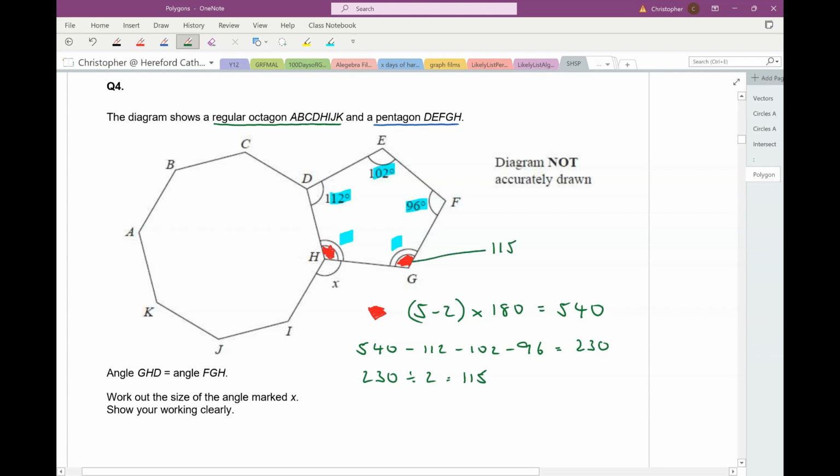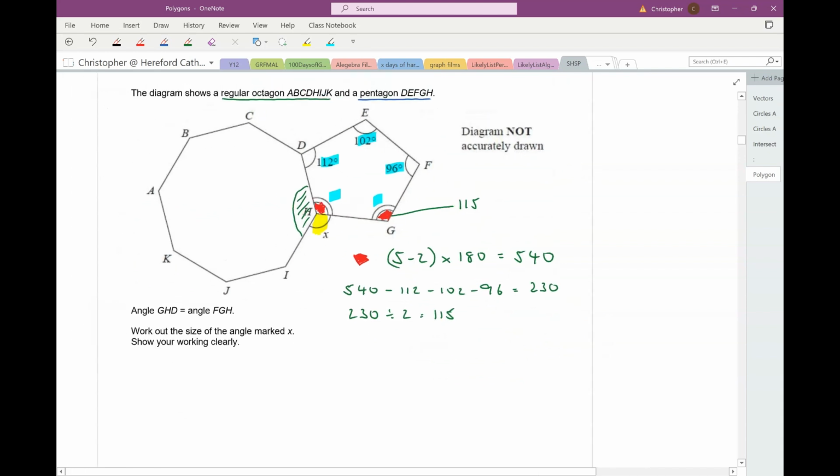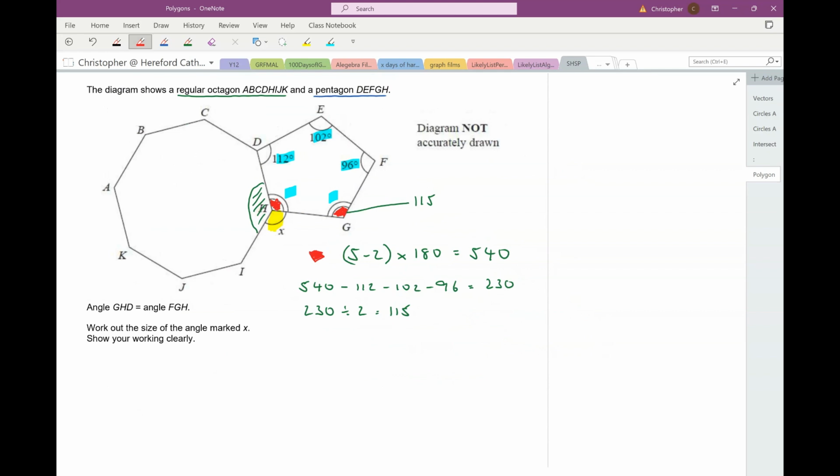Okay, now I need to find X. I need to find this angle here. I know that that red angle is 115. If only I knew what this angle was here. Oh, no, wait a minute. That's the interior angle of the octagon, and the octagon is regular. Okay, so let's talk about that octagon, shall we? The exterior angle of an octagon is 360 divided by 8, 45.